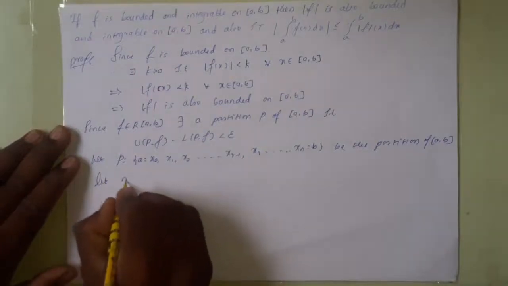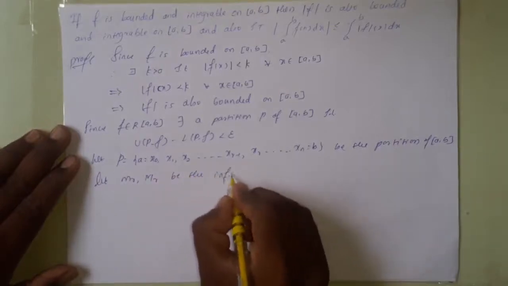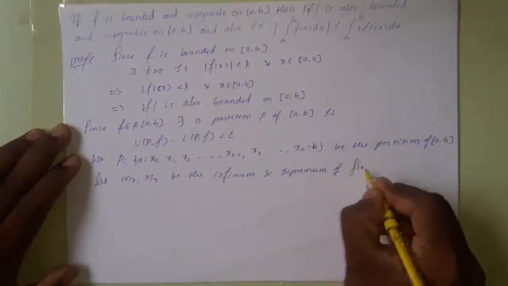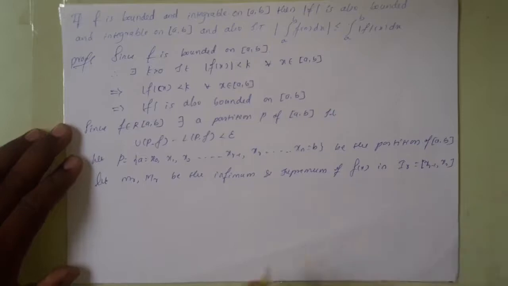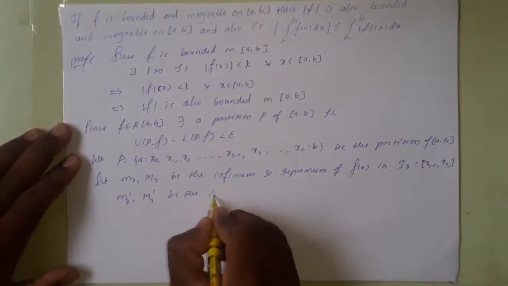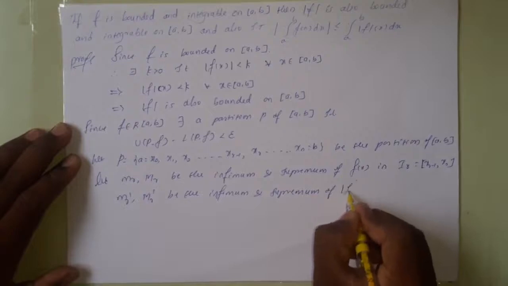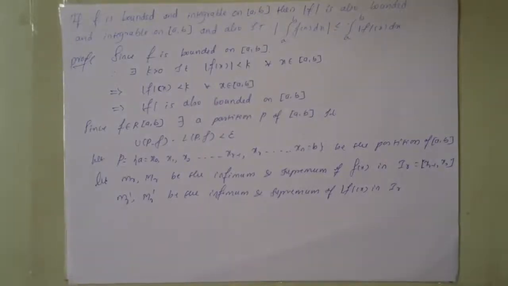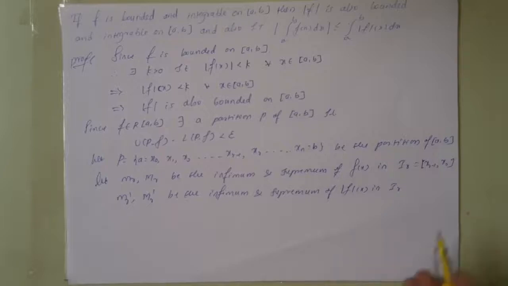Now, let small m_r and capital M_r be the infimum and supremum of f(x) in I_r, where I_r is the interval from x(r-1) to x_r, and m_r' and M_r' be the infimum and supremum of |f(x)| in I_r. It is our consideration that since f is bounded, there must exist an infimum and supremum, and |f| is also bounded. Therefore, we have considered the infimum and supremum of that function in the rth subinterval.